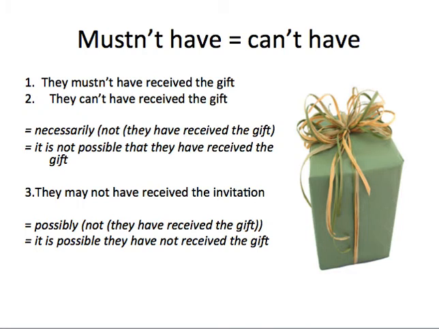Okay, so both have the same meaning: necessarily not they have received the gift. Which is similar to it's not possible that they have received the gift. And we can contrast that with they may not have received the invitation. Okay, and notice the difference here in the particular way that we can gloss that.